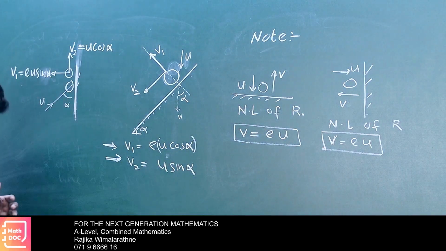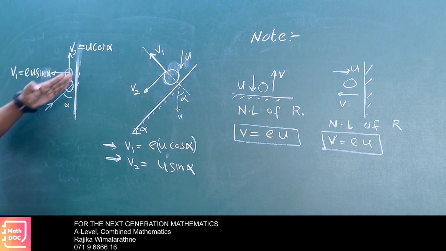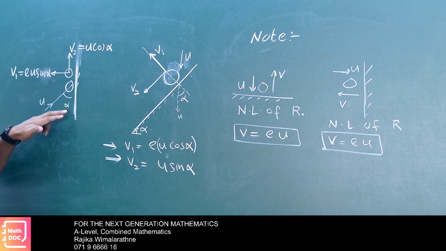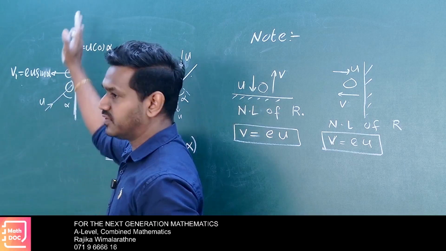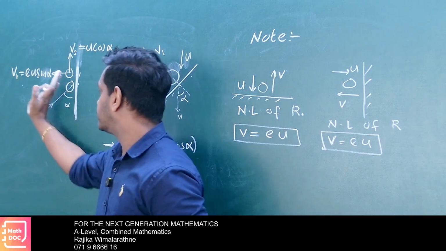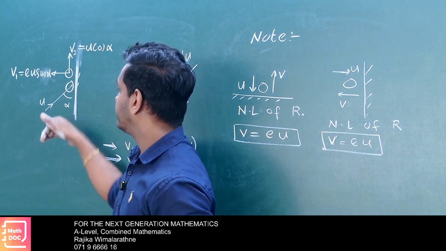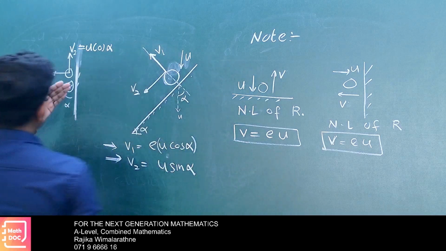Here u is inclined at angle alpha with the wall. The u cos alpha component has no collision along the surface, so it remains as it is. But the u sin alpha component collides with the wall and rebounds in the opposite direction with velocity e u sin alpha.